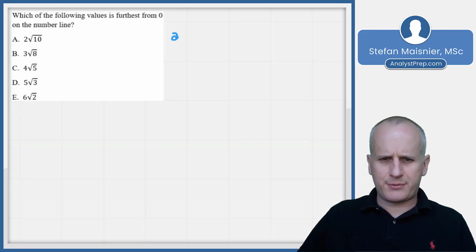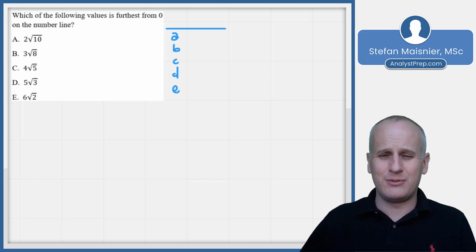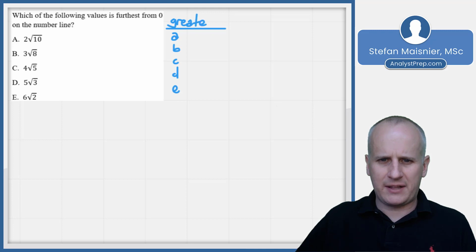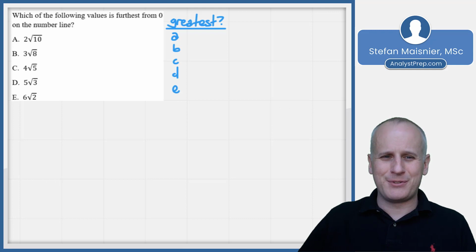So we set up our scratch work. We've got A, B, C, D, E, put a little line over top, and we're being asked for which is furthest from 0 on the number line. And looking at our answer choices, we got everything using that square root symbol. So that just means greatest, basically, since they're all positive values. Now, you may be thinking to yourself, well, how am I supposed to know what the square root of 10, the square root of 5, the square root of 8, the square root of 2 are?